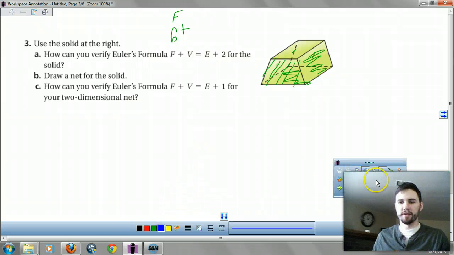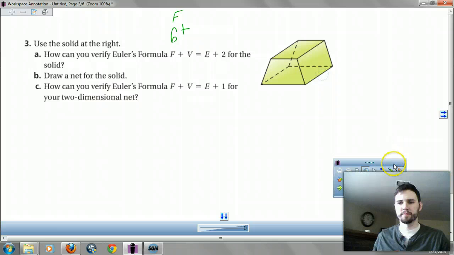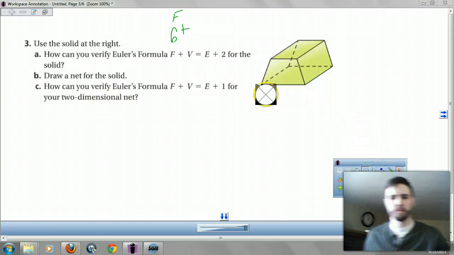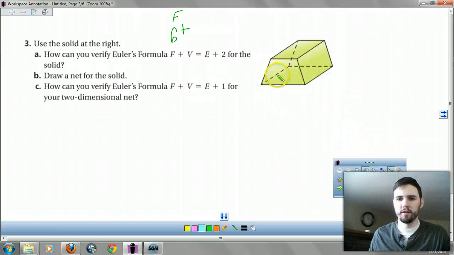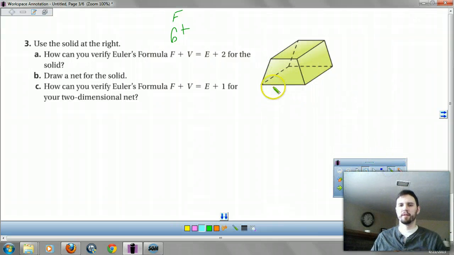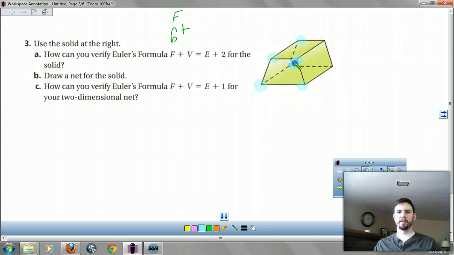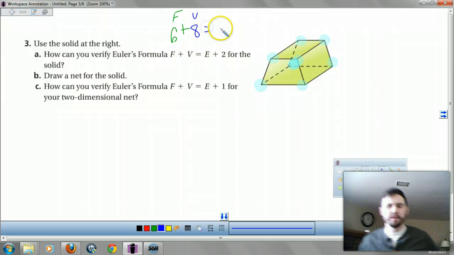How many vertices? See, I have 1, 2, 3, 4. No, Mr. Twilliger, you're counting vertices. That's edges. 1, 2, 3, 4, 5, 6, 7, 8. 8 vertices.